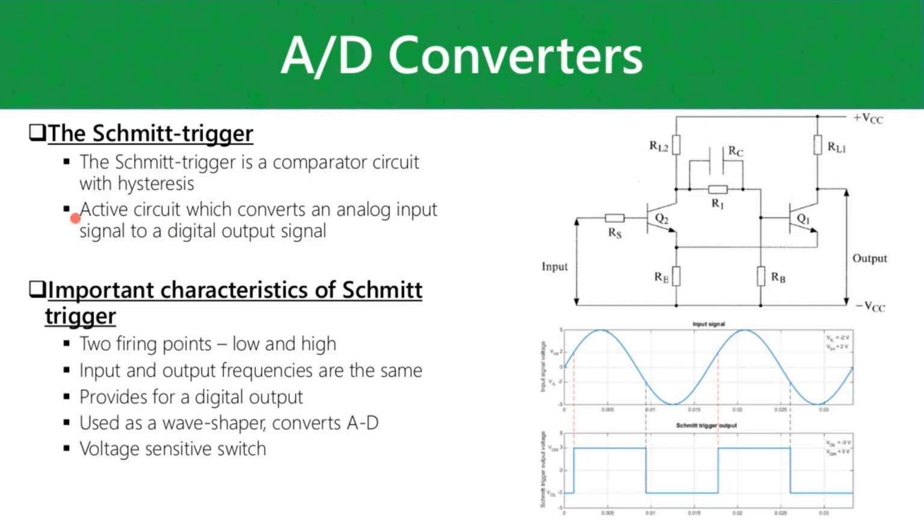Okay, our very first circuit that we have here as an analog to digital converter is the Schmitt trigger. I've had experience with this one before, with the oscillators. It's a circuit that's going to have two firing points or two triggering points, a low and a high.